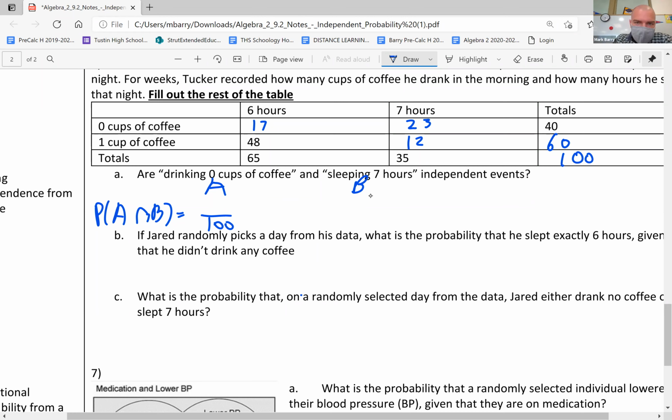I see that as 23. This box right here, they drank 0 cups of coffee and they slept 7 hours. These 23 people are the A and B, and it's out of everybody. I don't even need a calculator for that one because it's just going to be 0.23 or 23%.